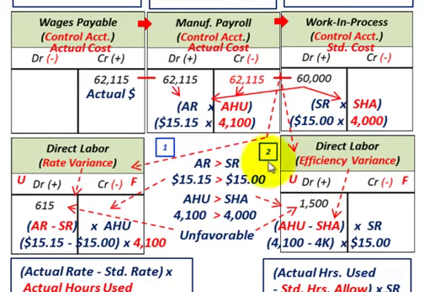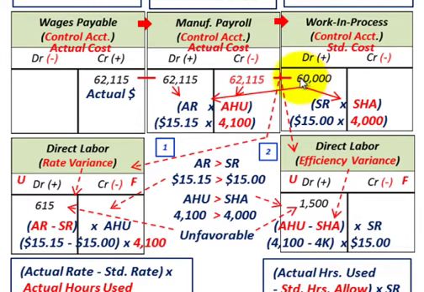So just using your debits and credits, you can determine any efficiency variances based on the difference between your credits coming out of manufacturing payroll, that actual cost amount, versus your debit to your work in process based on your standard cost.